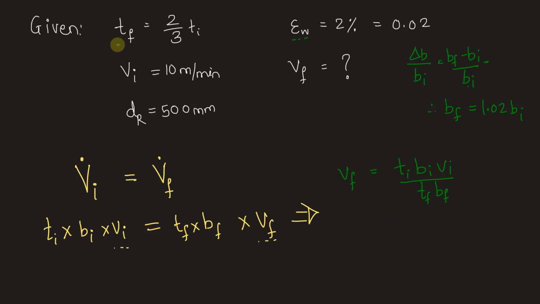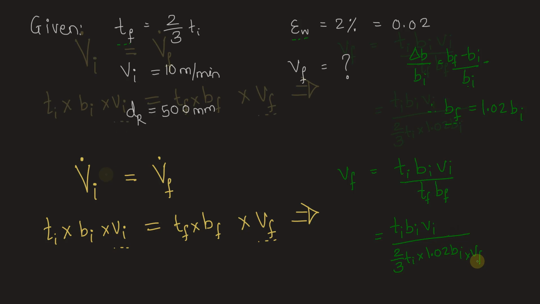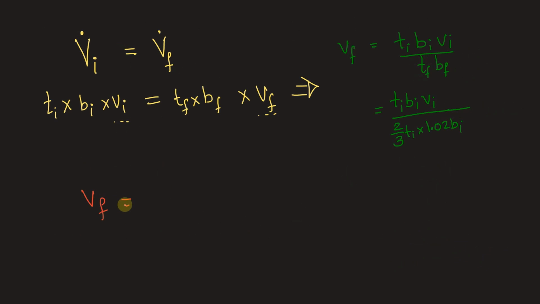Let's substitute values for Tf and Bf from here. So we have Ti Bi Vi divided by 2/3 of Ti into 1.02 times of Bi. Therefore, Vf will be equal to, Ti by Ti gives us 1, Bi by Bi gives us 1.